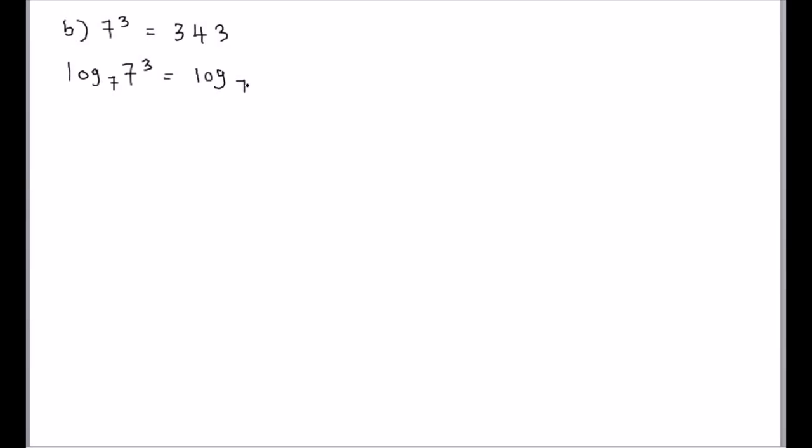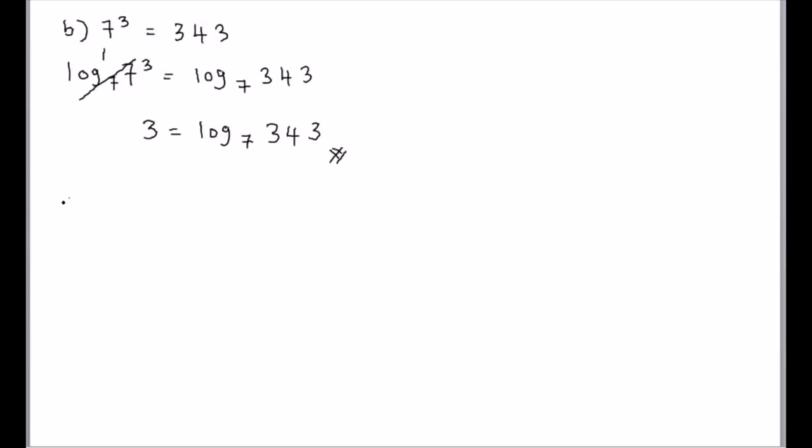Log 7 base 7 is equal to 1. Later on, we get 3 equals log base 7 of 343.